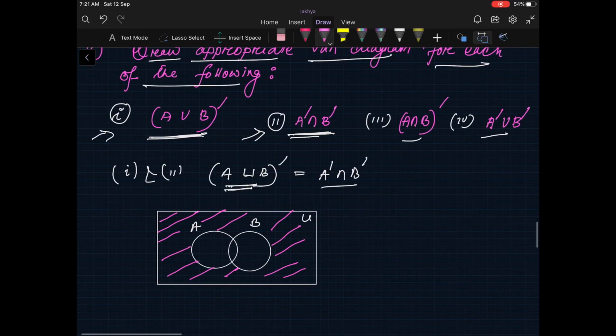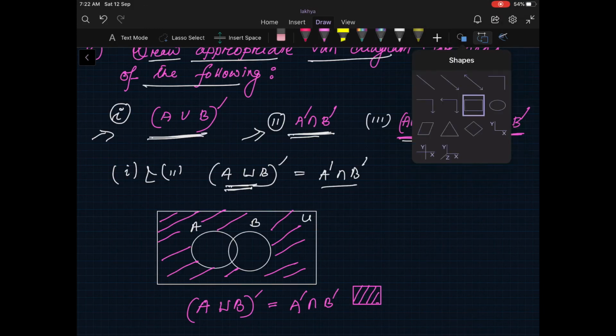So this region will represent complement of A union B, which is equal to complement of A intersection complement of B. Similarly, by the same law, De Morgan's law, complement of A intersection B is equal to A complement union B complement. So both of them will be represented by the same Venn diagram.